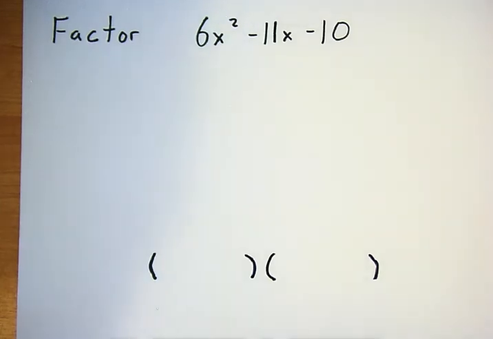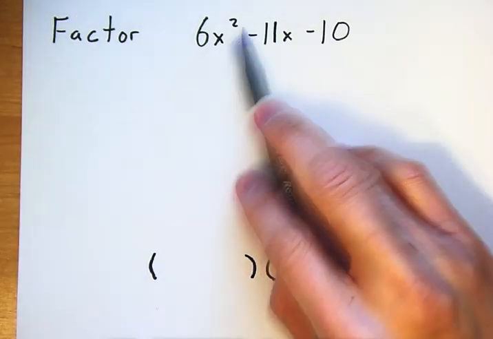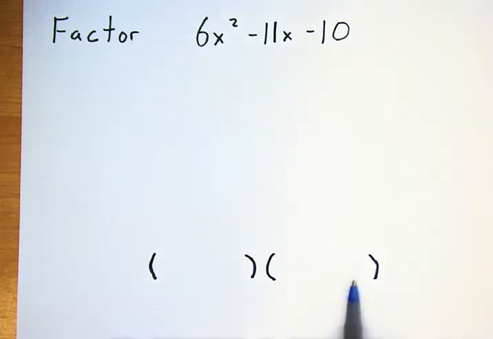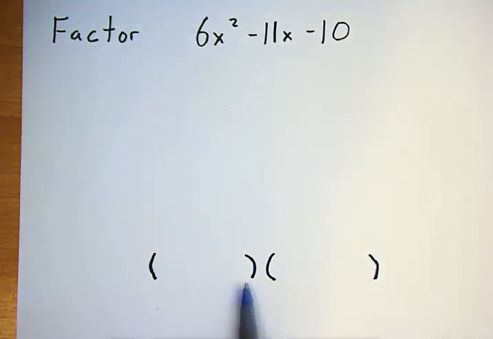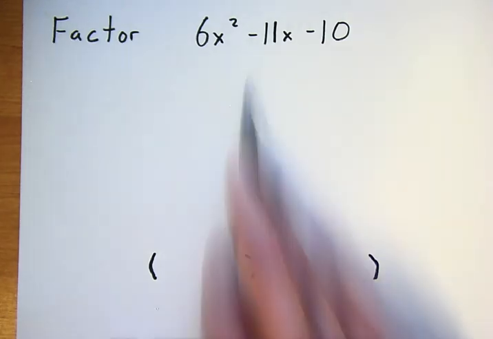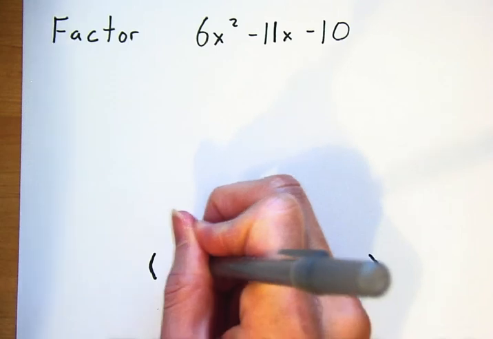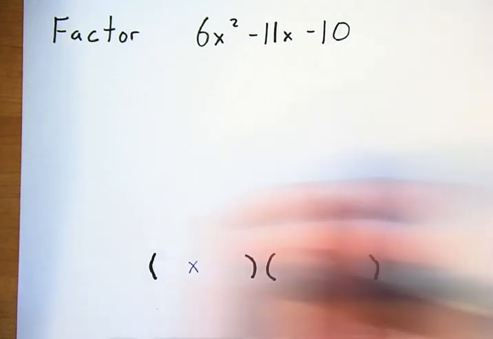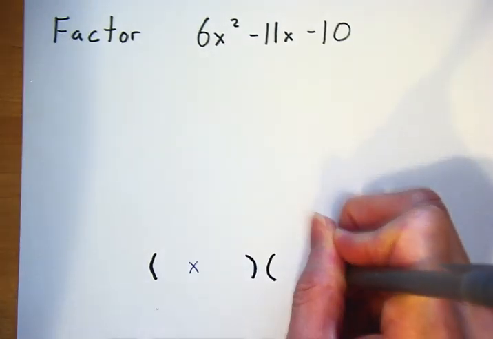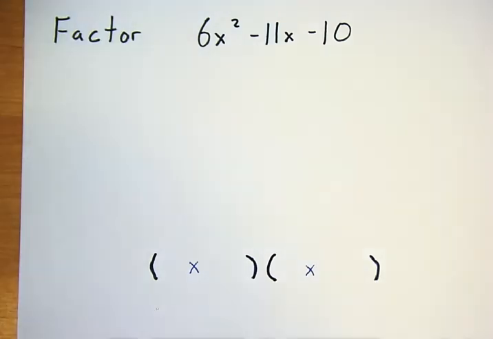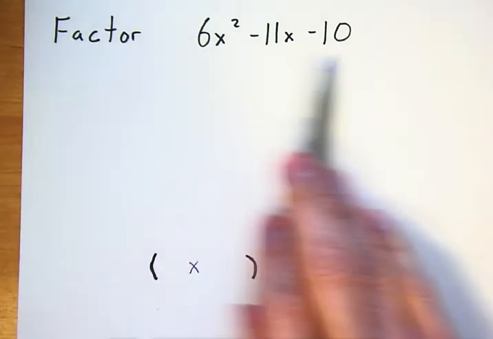Since this is a degree 2 and you're multiplying two things together, this will be degree 1. This will be degree 1. Degree 1 times degree 1 is degree 2. So right here we have something with x times something with an x will give you something with an x squared.